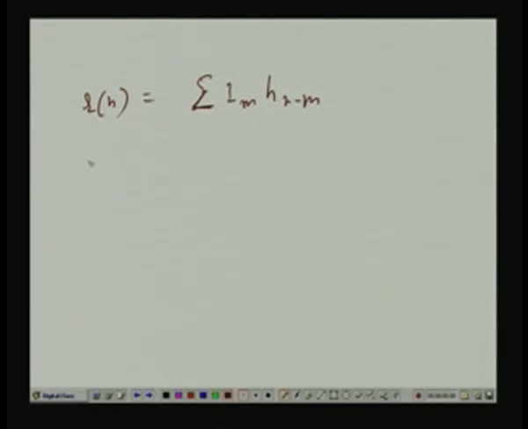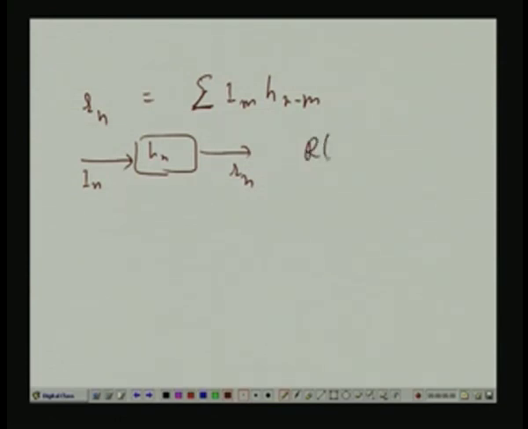That means the equivalent model is this: you are transmitting a sequence I_n, there is a channel whose response is h_n, and you are getting this r_n. Since I am putting everything in subscript, let me put this also in subscript. So, r_n is no longer I_n.